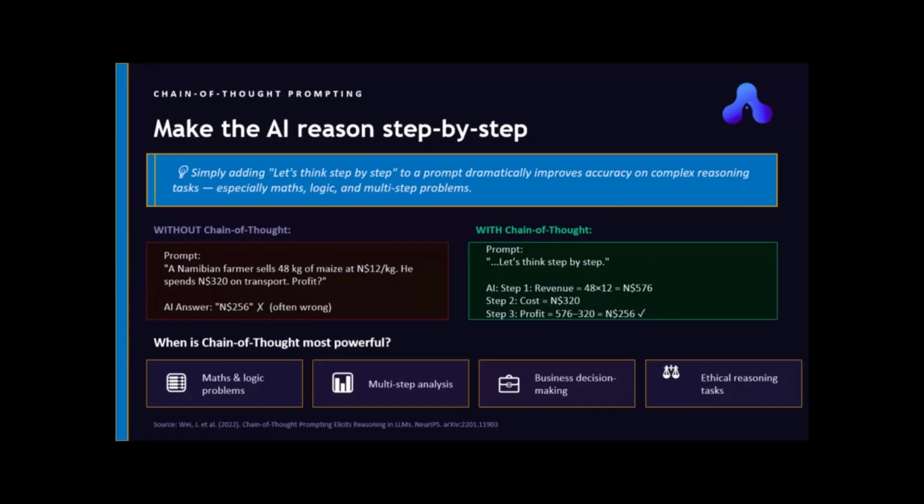But if you prompt with a chain of thought, you just give your prompt: a Namibian farmer sells 48 kg of maize at $12 per kg. He spends 320 on transport. What is the profit? And then you still continue and say, let's think step by step. Then AI will think step by step.